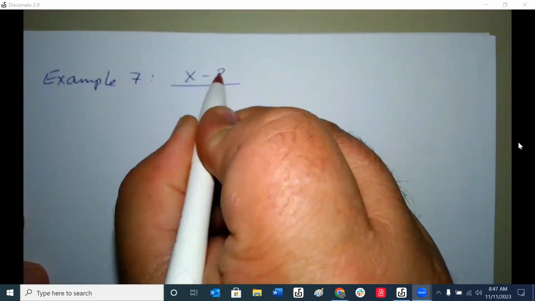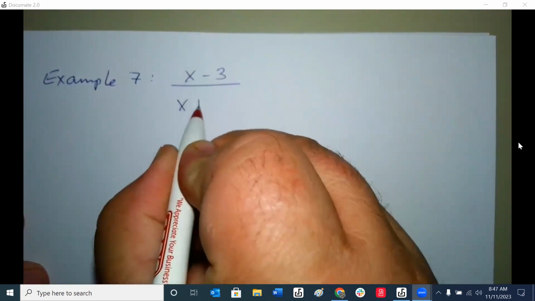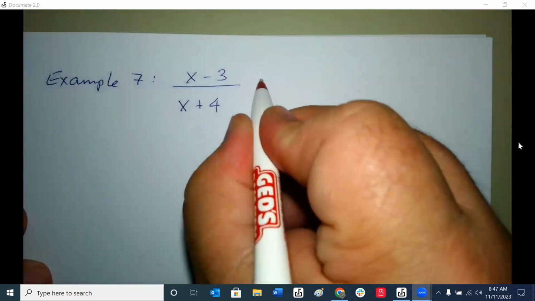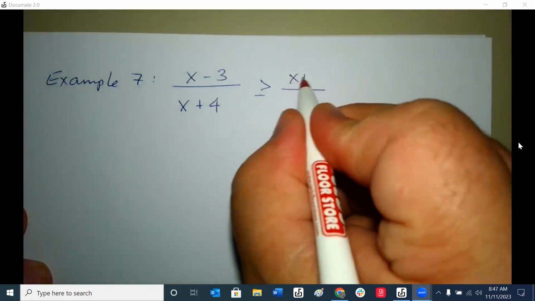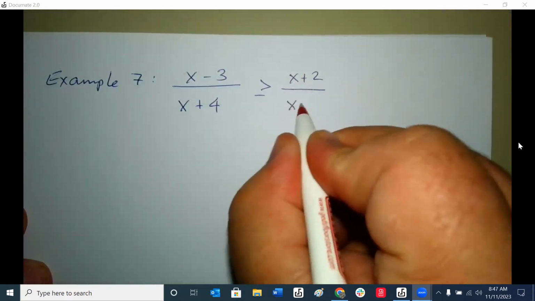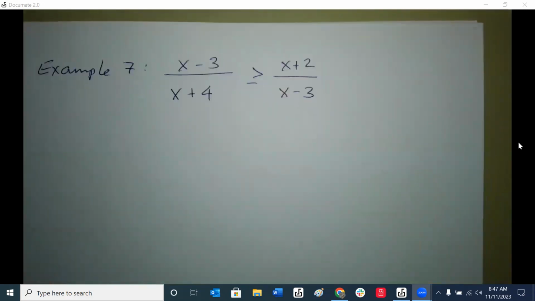All right, the last one of this check section and chapter, and then we'll move on to chapter 5. We have x minus 3, x plus 4, x plus 2, x minus 3.